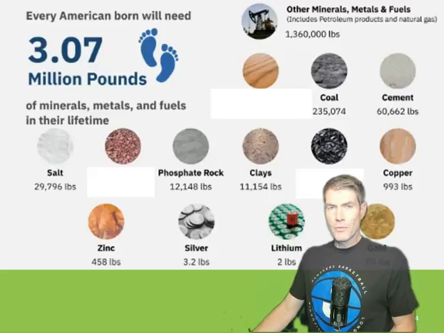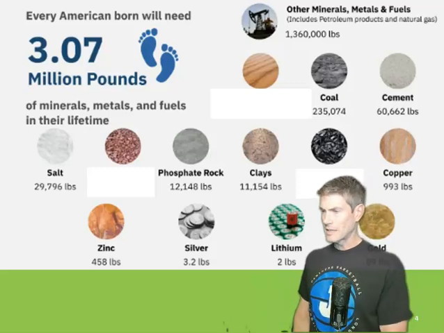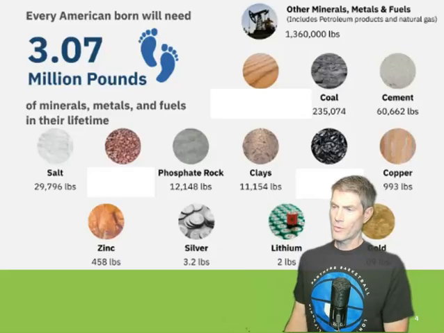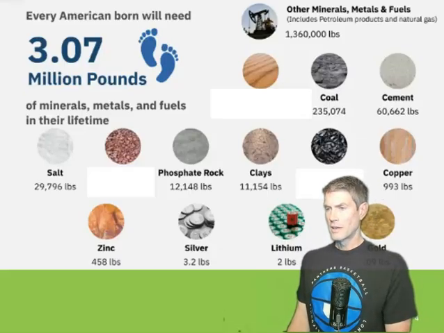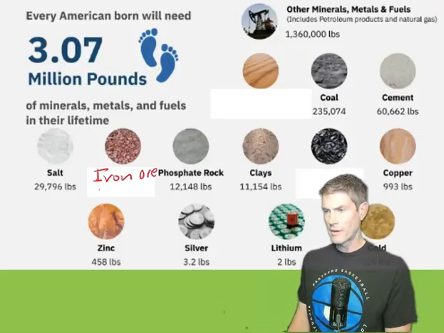So this is an interesting statistic. You need about 3 million pounds of resources over your lifetime. Just look at all these different things that you would never really think about that we need for the products that we use. Right here is iron ore, anything metal. Remember, ore is the rock you get iron from, about 20,000 pounds.